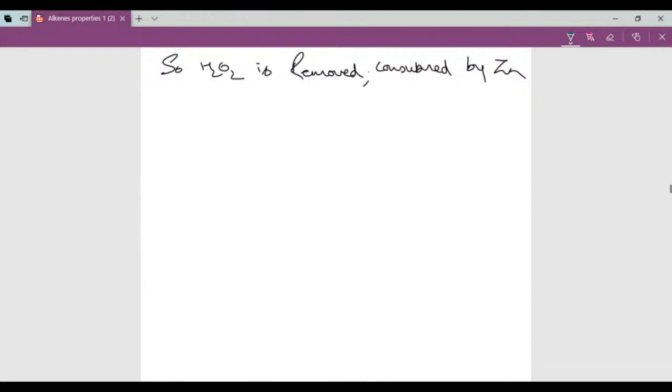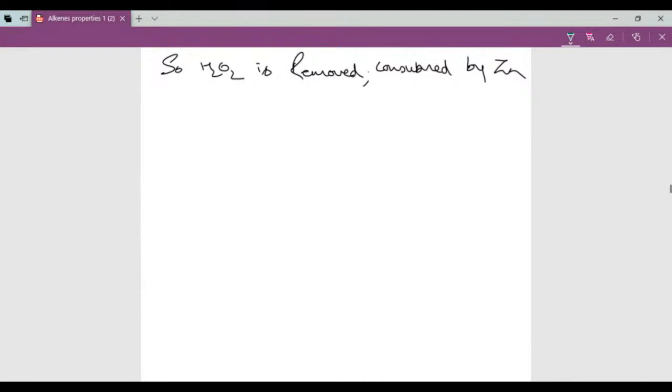How can we use this particular reaction? Let me tell you. We can use this reaction in a different way.